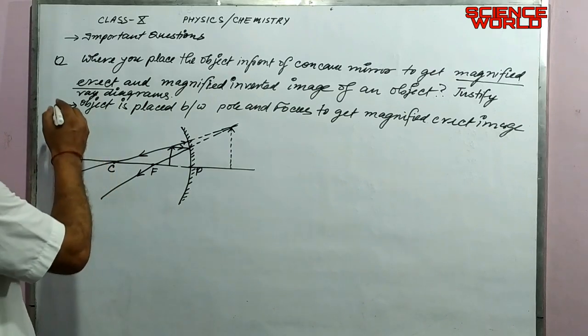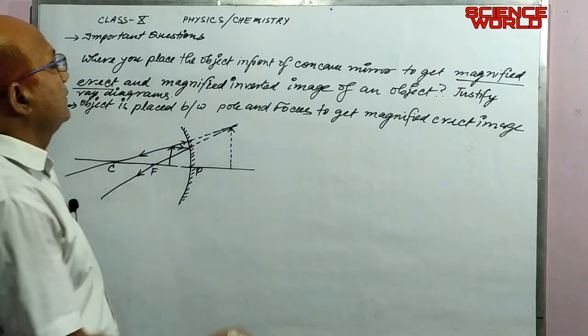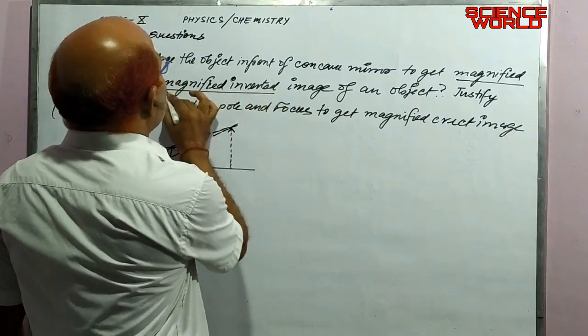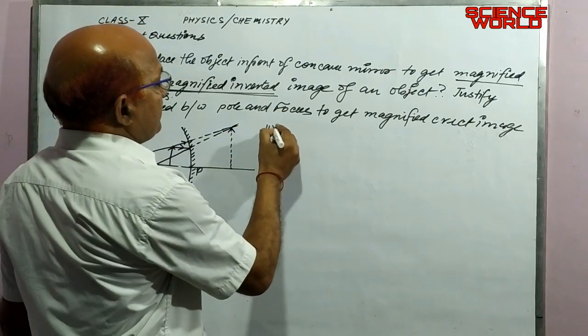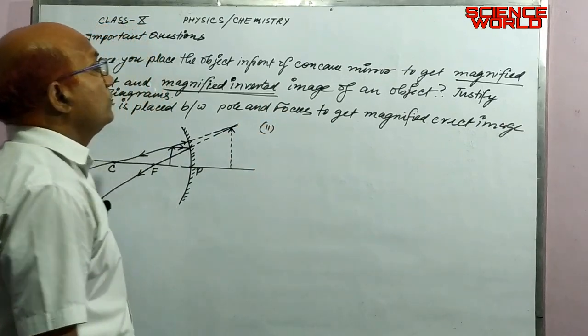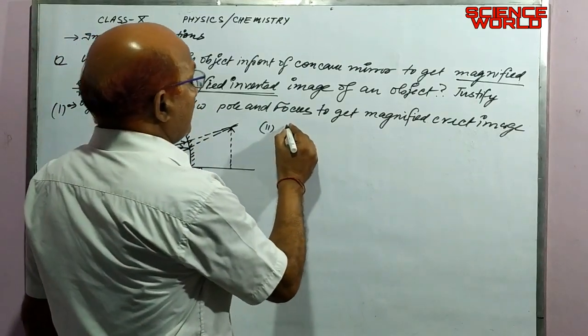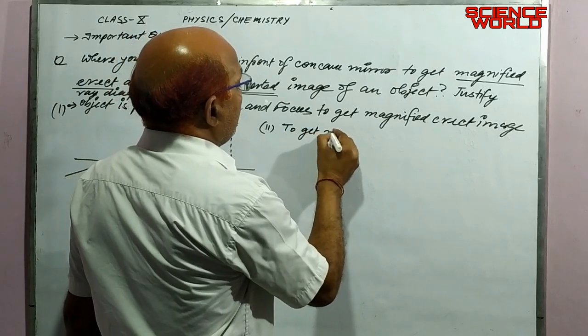So this is first part, and now second part, to get magnified inverted image, where you place the object?